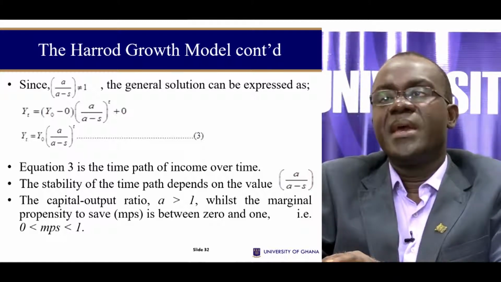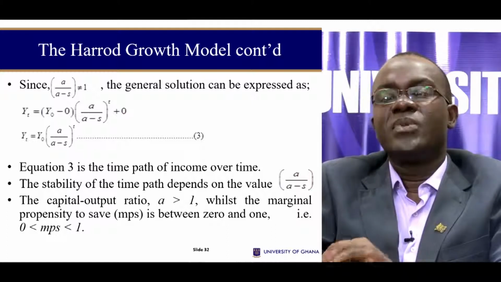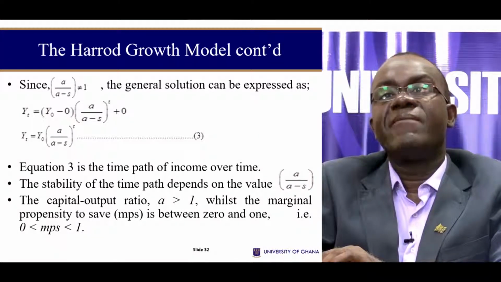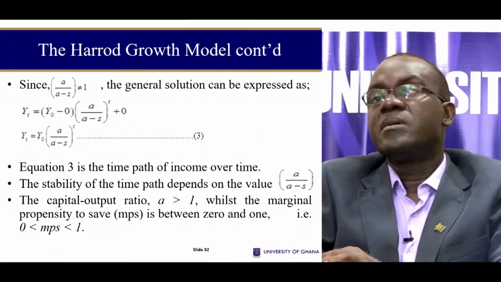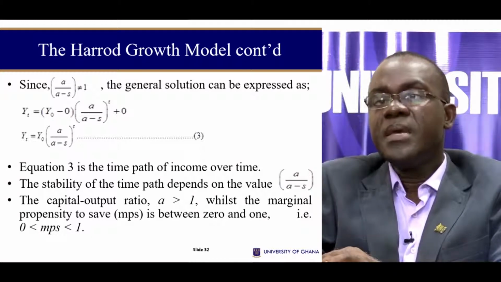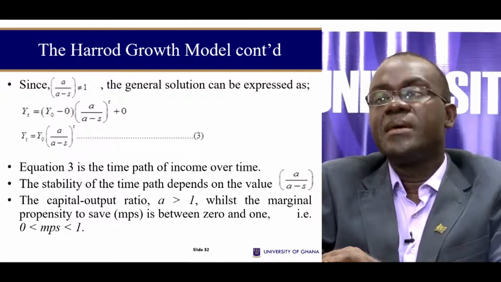Then the problem here is what will happen with the stability? It all depends on alpha divided by alpha minus s. Now, notice that alpha is greater than 1, that is, the capital output ratio is always greater than 1.